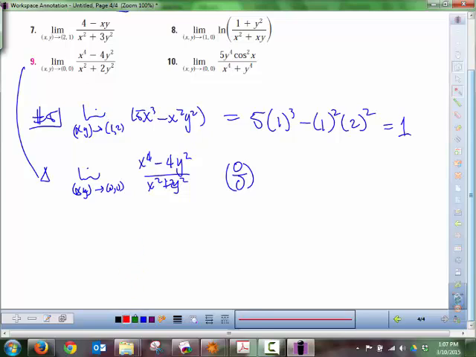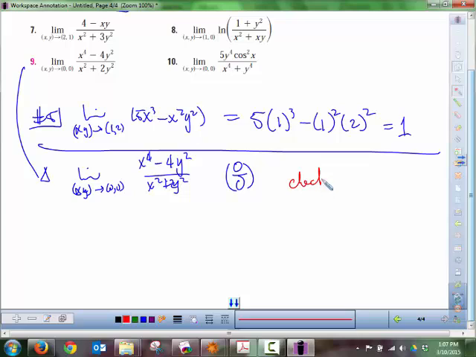So let's check on paths. And a nice path to always check is by setting x or y equal to 0 and seeing what happens. So let's let x equal to 0 to begin with.